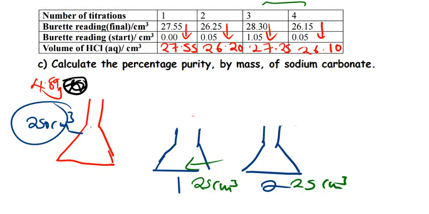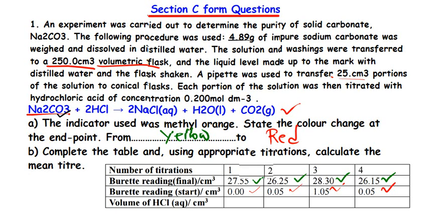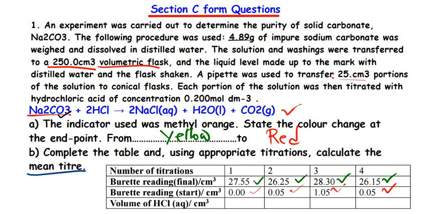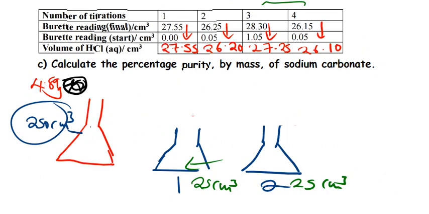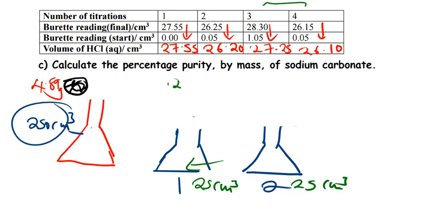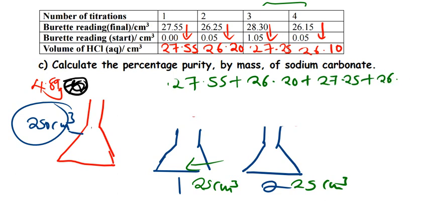When you say determine the mean titer, the mean means average. How many of these did we have? We had 4 of them, so we add them and divide by 4. So 27.55 plus 26.20 plus 27.25 plus 26.10. These are 4 measurements, and then we divide by 4.